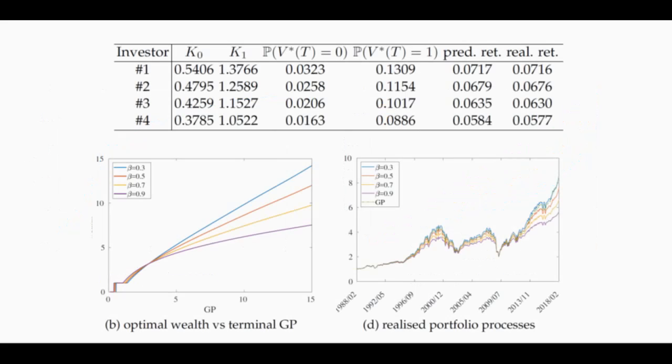Depending on the subjective distortions, if there's more distortion in the subjective view of the investor, for example, investor number 1 with beta equals 0.3, he will be more optimistic about the market, so that when GP grows, his optimal terminal wealth will increase almost linearly with GP.